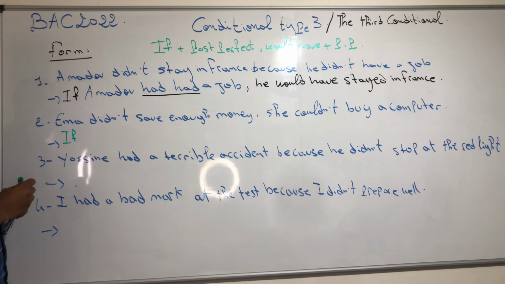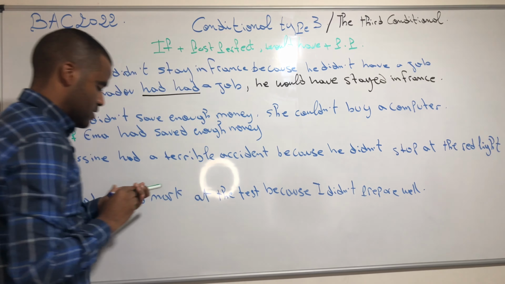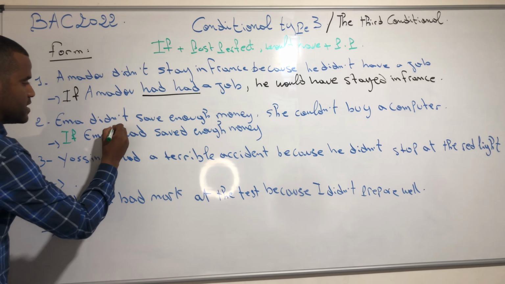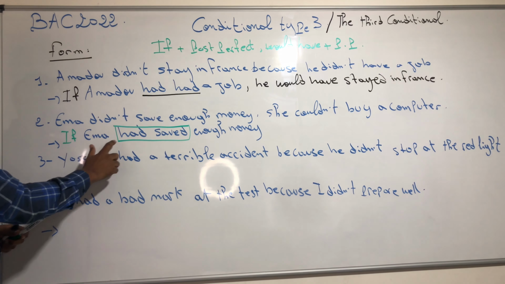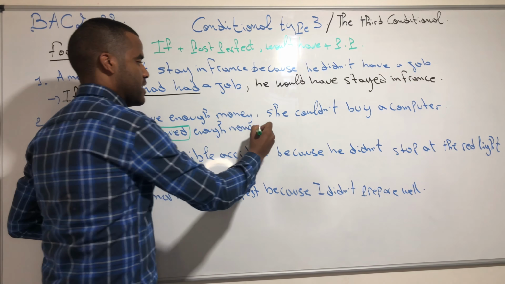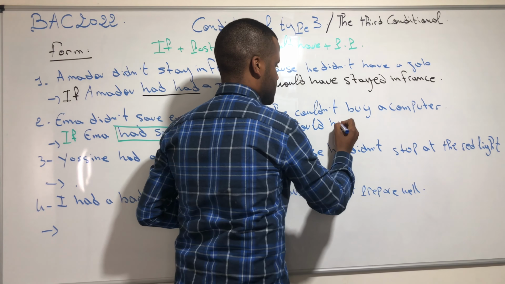So if Emma had saved enough money, this is the rule that we were just talking about: had plus the past participle of the verb. If Emma had saved enough money, she could have bought a computer.